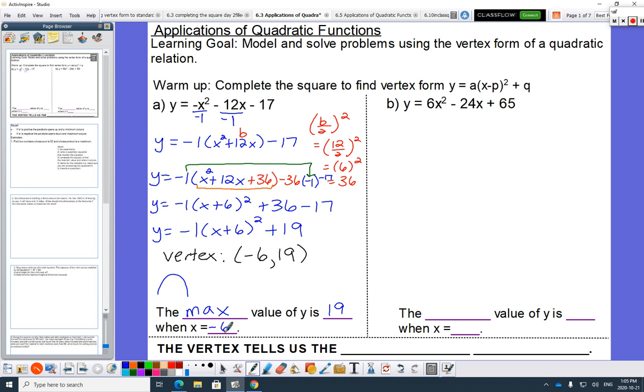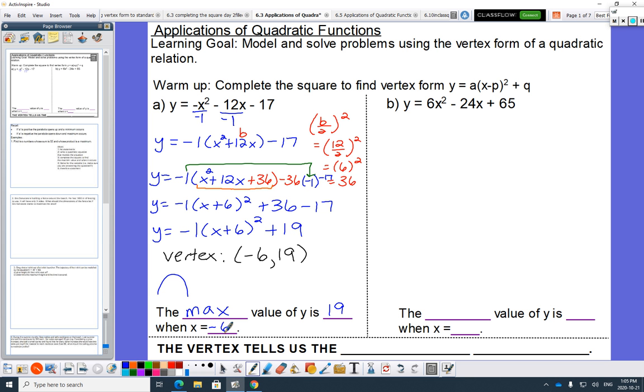So that's what we're going to be doing today. We needed to be able to complete the square and get vertex form in order to completely do the question. So it's a weird list of homework questions because we're just going to go back and do all those maximize and minimize parts, okay?